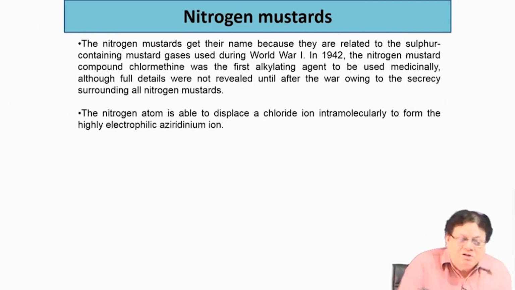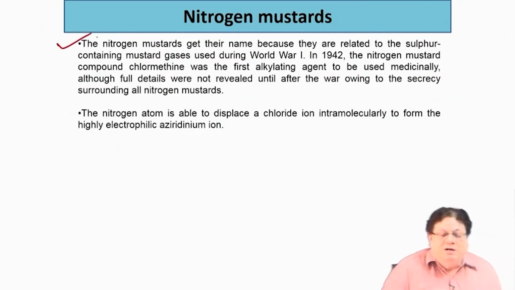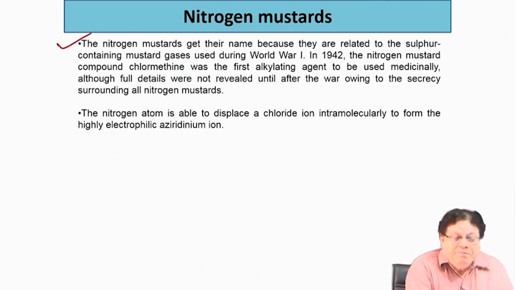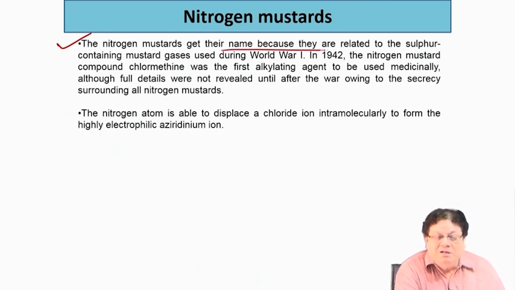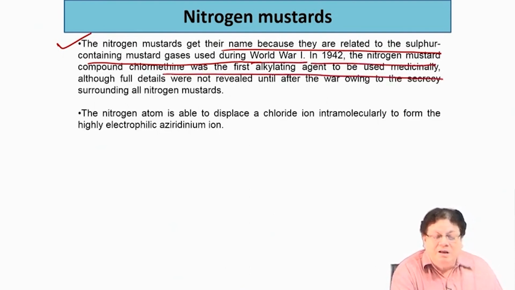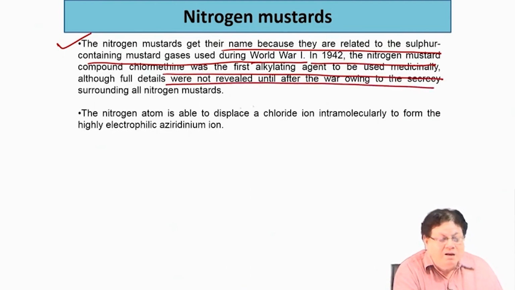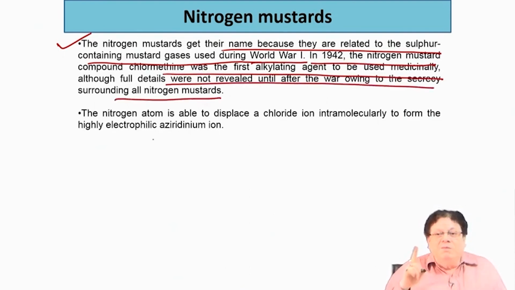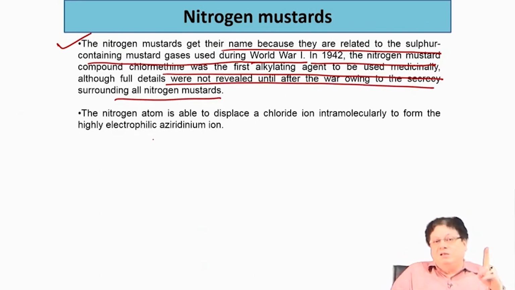So, what they resorted to is what is called nitrogen mustard. Nitrogen mustards are related to the sulfur-containing mustard gases, which were used in World War I, that I already said. Nitrogen mustard gives you some ways to manipulate the structure, because remember sulfur is bivalent.